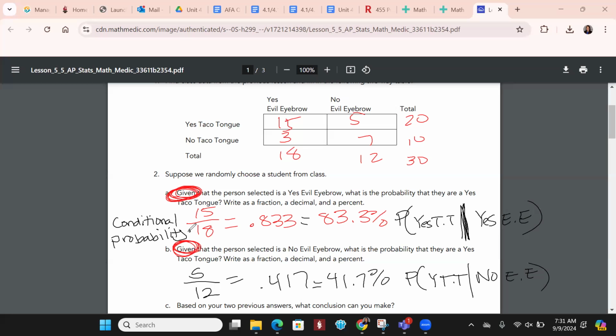Based on your two previous answers, what conclusion can you make? So let's look at this. If they say yes, evil eyebrow, then yes, they can taco tongue 83%, right? If they say no evil eyebrow, they're going to be about 41% taco tongue. So based on that, what can you say?